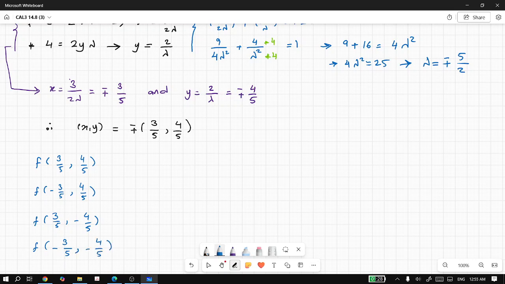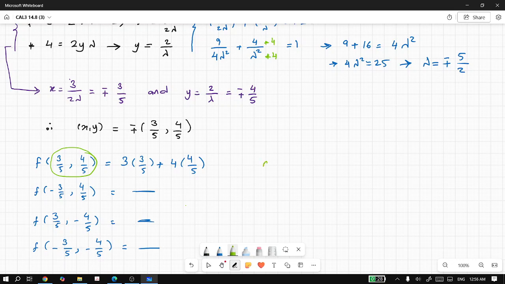How do we find these? Simply putting them into the function that we have, which is 3 multiplied by x plus 4 multiplied by y. We are doing the same thing for each point.